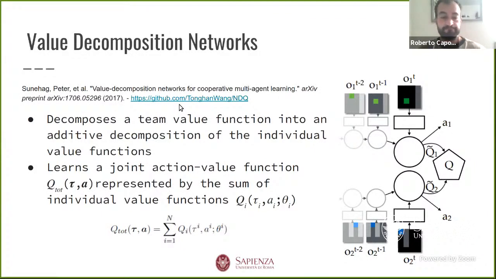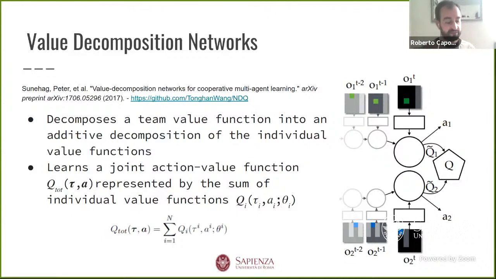And this is also trying to reduce the scalability issue, and at the same time work like if we were in a joint action space, while instead we're still dealing with an individual action space.